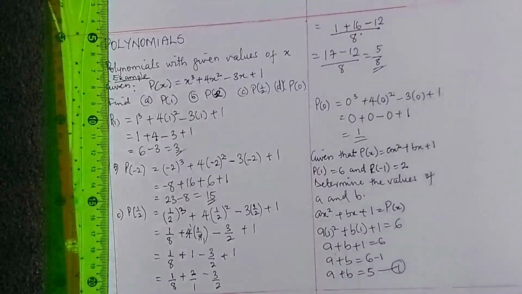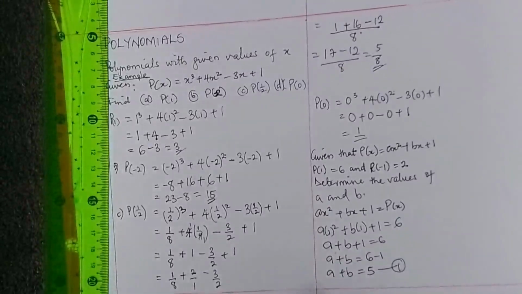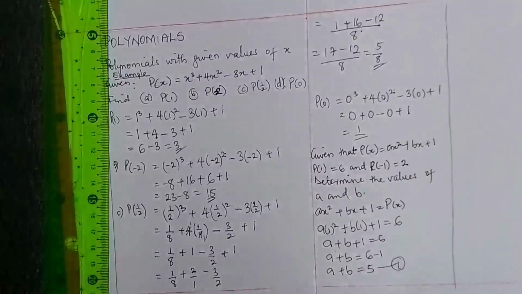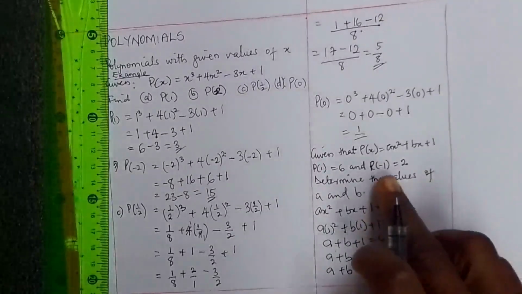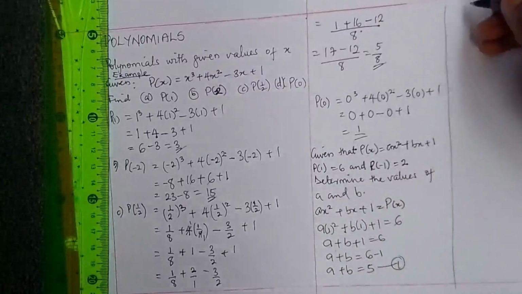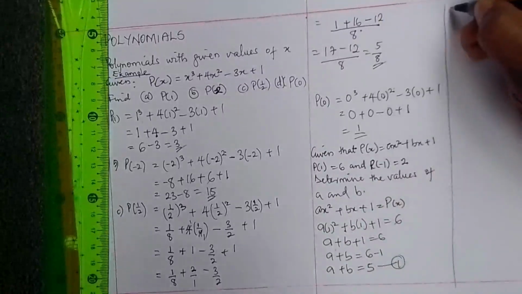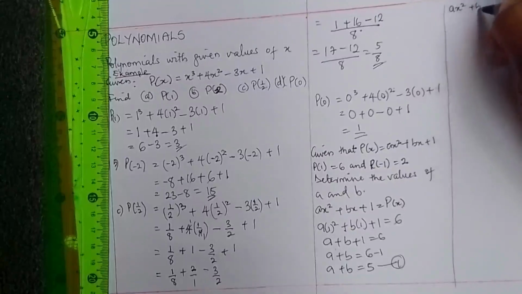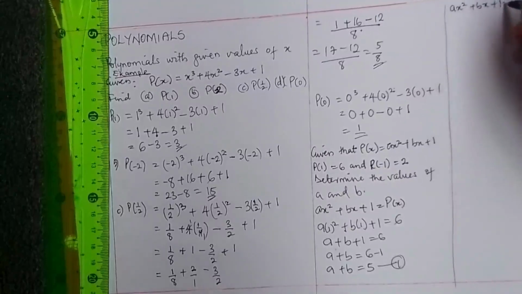I will solve them. Okay, continuing, exactly what we did for the first one, we'll do for P of minus 1 equal to 2. So for P of minus 1, we still have our ax squared plus bx plus 1 is equal to P of x.